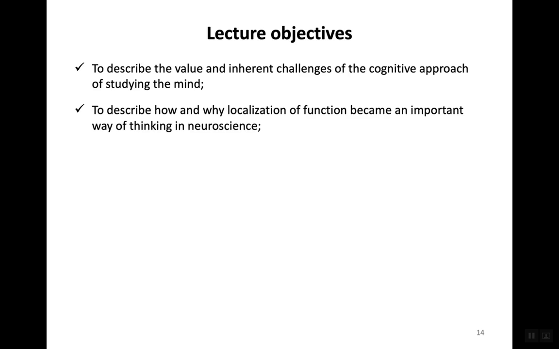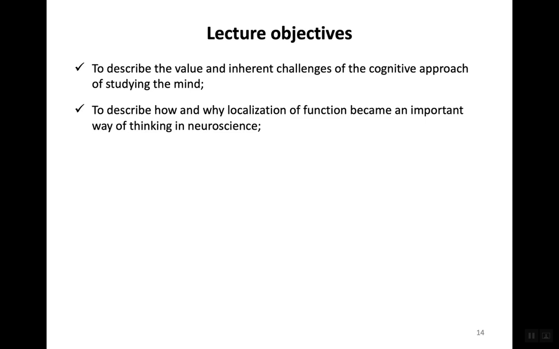Then, we aim to describe how and why localization of function is such an important way of thinking in neuroscience. Localization of function has been key to how neuroscience, and cognitive neuroscience in particular, has developed across decades.